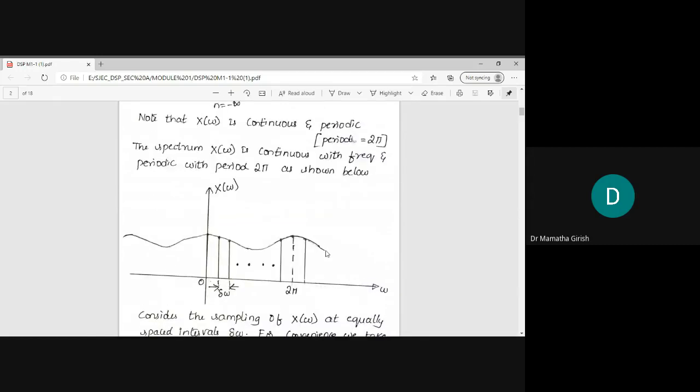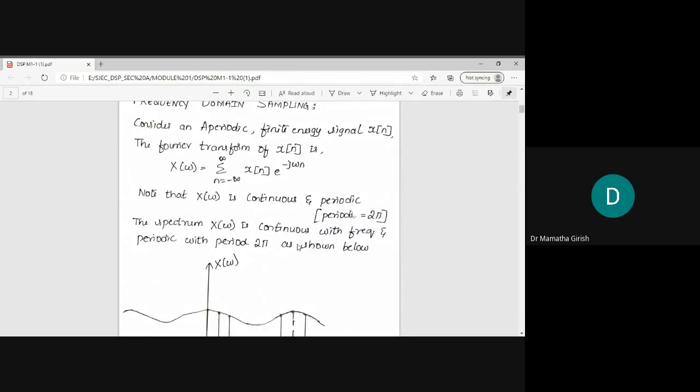But please note that even though it is continuous, the spectrum X of omega is periodic with period 2 pi. That is, for every interval of 2 pi, the spectrum repeats itself. Hence, it is continuous and periodic with period 2 pi.